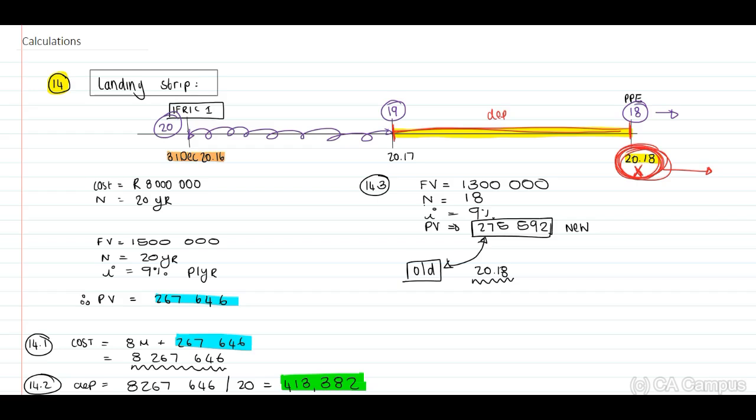Now, you are able to use your financial calculator, guys. You can press 1 amort for the 20.17 period, 2 amort for the 20.18 period. Indicate to your marker that this is how you've calculated it, guys. Remember, you need to indicate all of the steps to your marker.